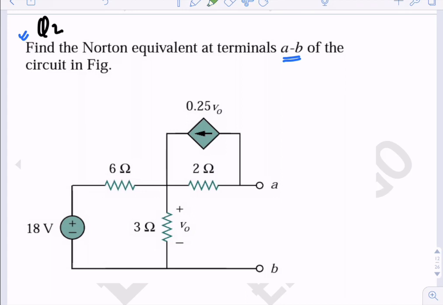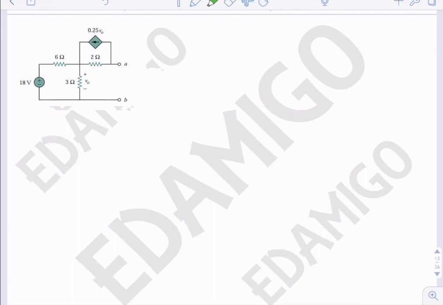So now we know how to find the Norton equivalent. To find out the Norton current, we will short circuit these two terminals A and B and find out the current flowing through this short circuit.